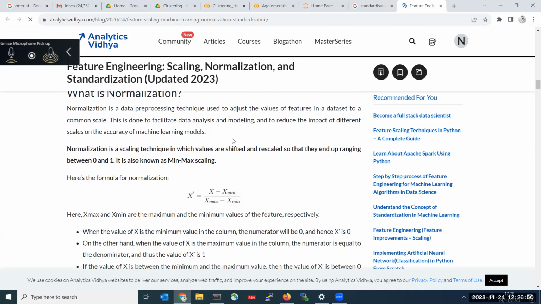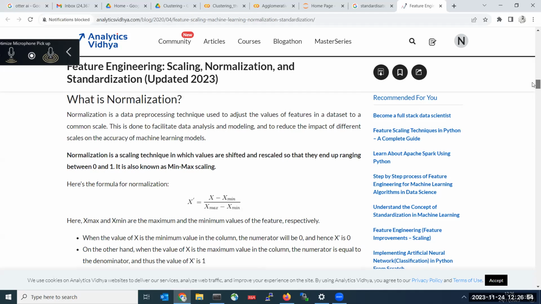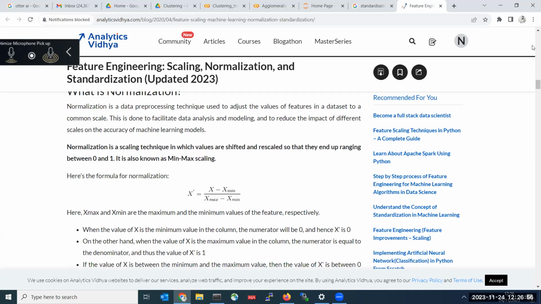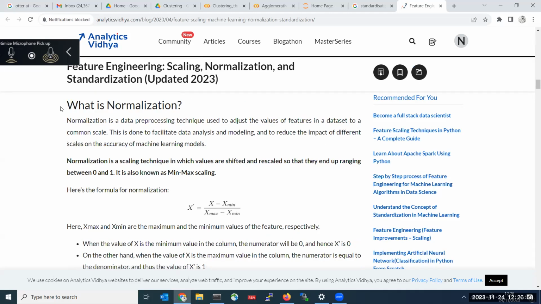For standardization, this is normalization. Let me copy this.